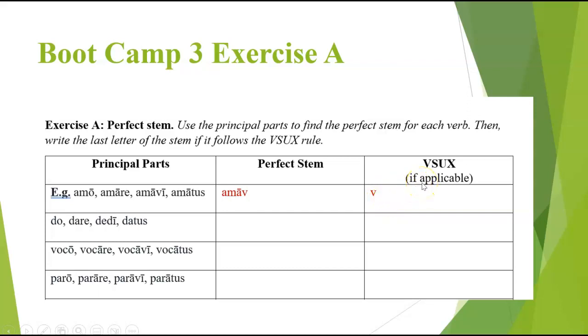Notice it says if applicable. There are some verbs whose perfect stem does not end in V, S, U, or X. We learned that back in Latin 1, but just a reminder. Some of them don't, so you might put like no there. But most of them do. So go ahead and work on that. Pause so you can work on that, and then unpause to check.